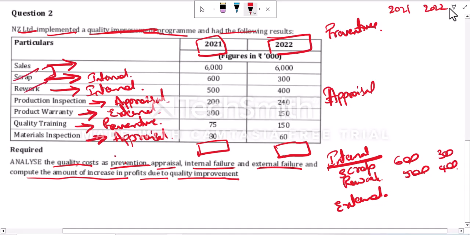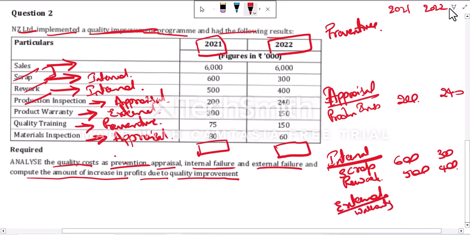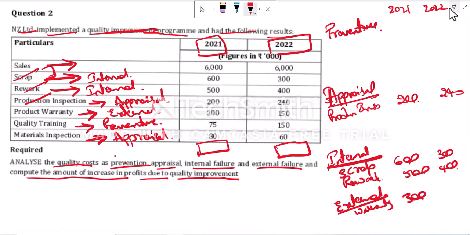Production inspection, appraisal: how much? 200 in 2021 and 240 in 22. Next, external failure cost, product warranty: it is 300 in 21 and 150 in 22.